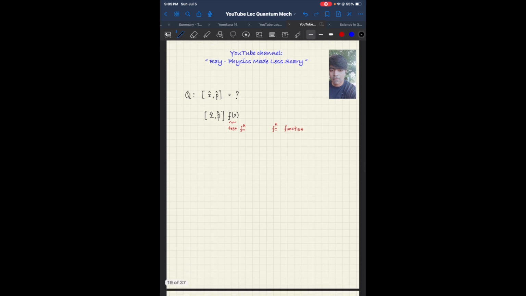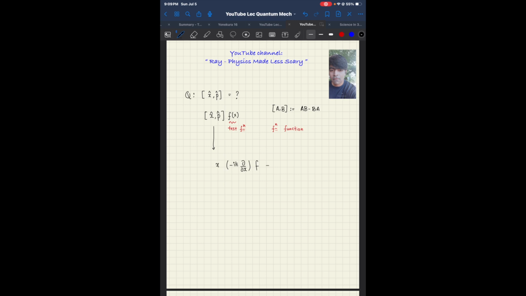Okay, good. So let's see what this object is. It's easy to calculate. I know x acts as x. p acts as minus i h bar del/del x in this basis, times f. This is a commutator. I hope you know what a commutator is, by the way. A commutator of two objects is simply, by definition, AB minus BA. Surely you know this, right? Okay, anyway, this is the definition.